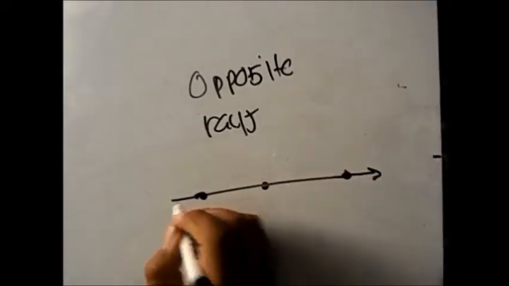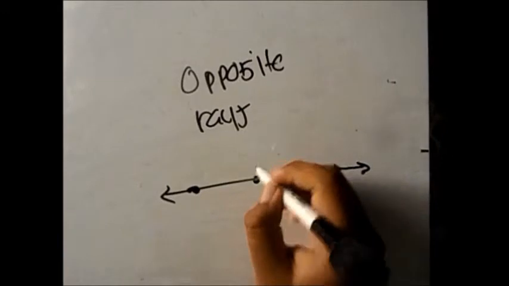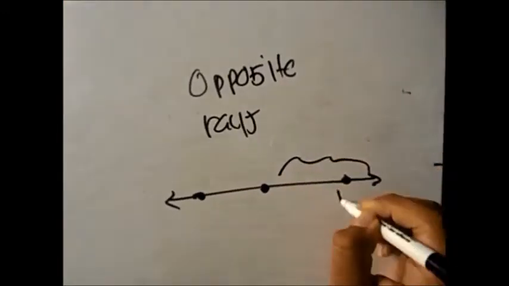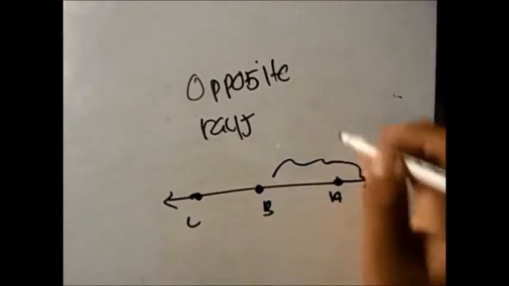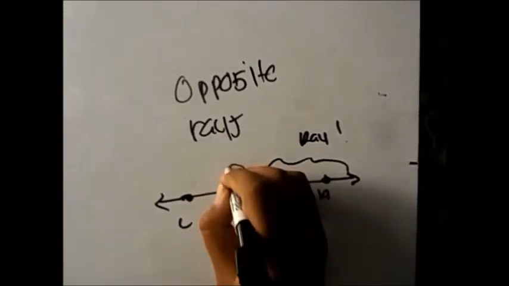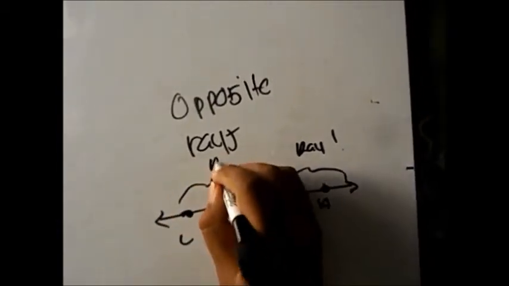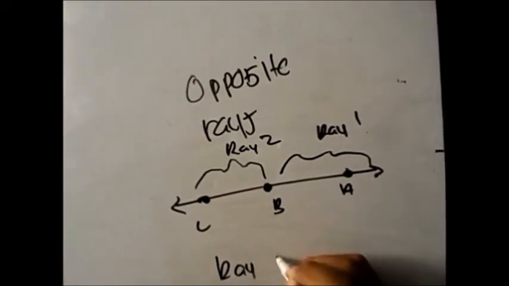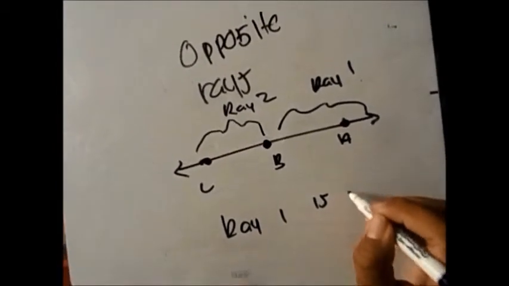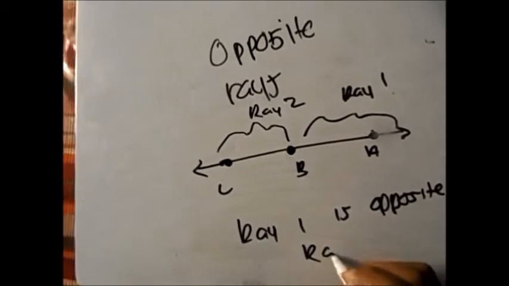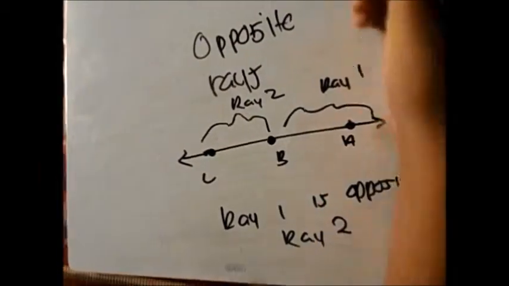Well, they're a line that's divided up in the middle with a midpoint, and on each side of the midpoint is a ray, and these rays are called opposite rays. So here we have ray 1 and ray 2, which is not what you would name a ray. It would be a ray symbol over the letters. But ray 1 is opposite to ray 2. I named it incorrectly.